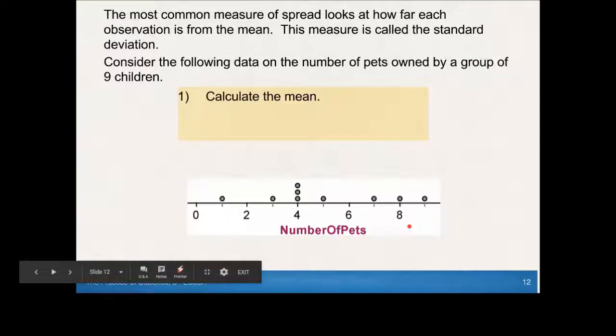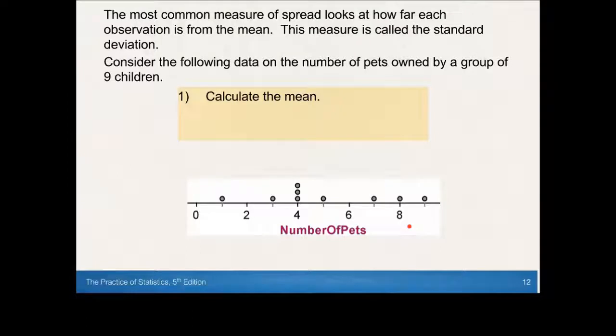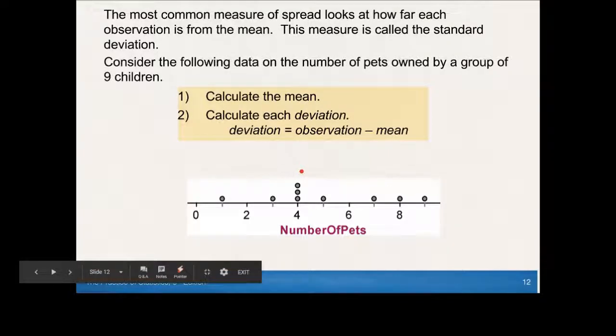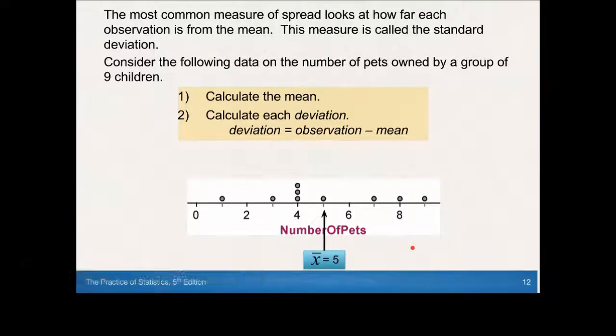We're first going to calculate the mean, and then we're going to calculate each deviation. The deviation is how much each value deviates from the mean. So here's the mean. When we add all those up and divide by the number, we get x bar as 5.